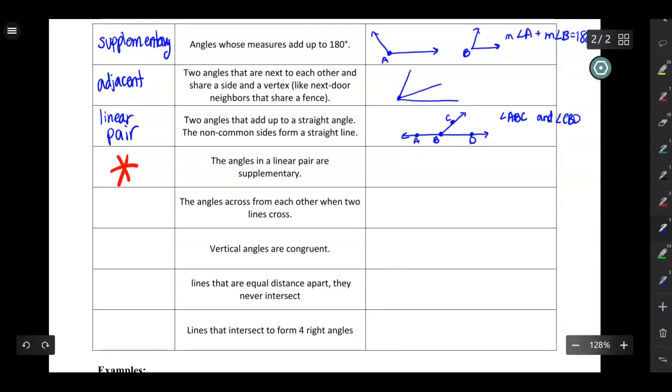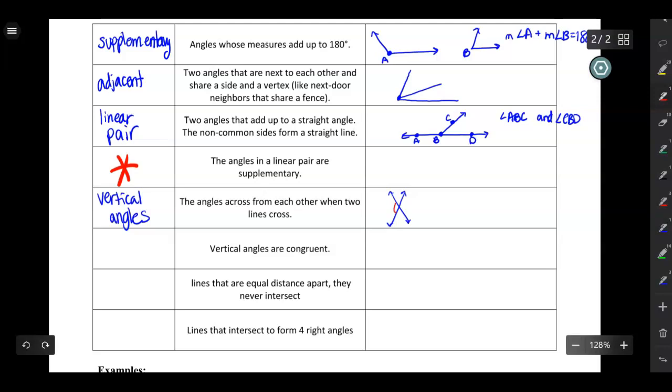Okay. The next vocabulary word is called a vertical angle. Vertical angles are angles that are across from each other. In this case, we're going to have two different lines, and vertical angles are angles that are across from each other at the intersection.